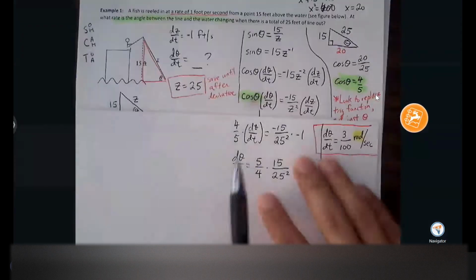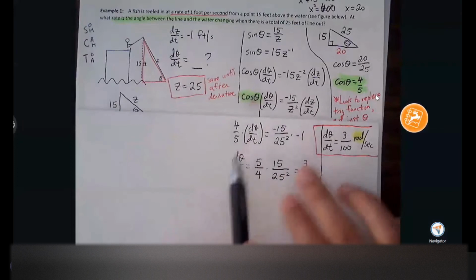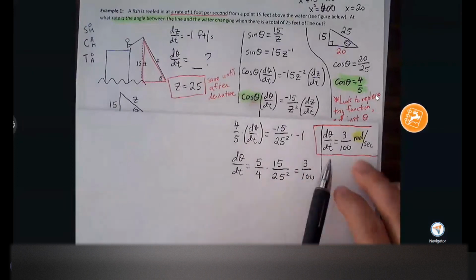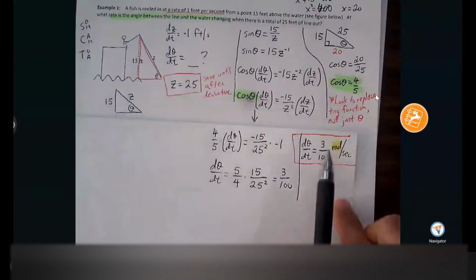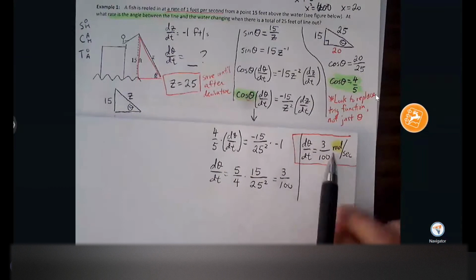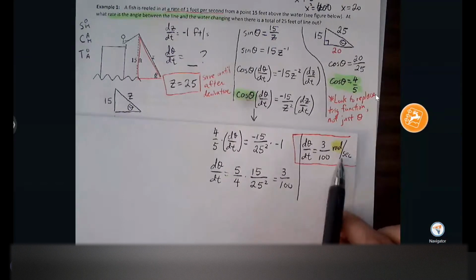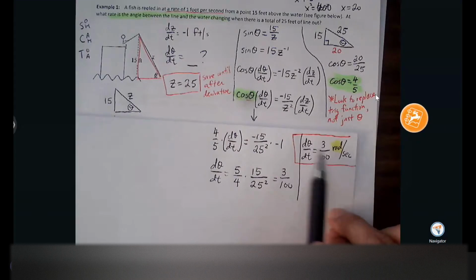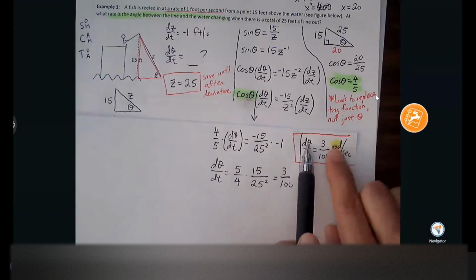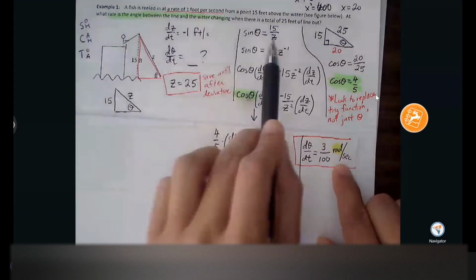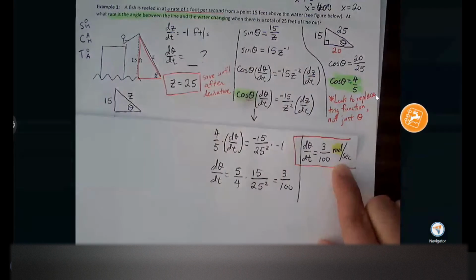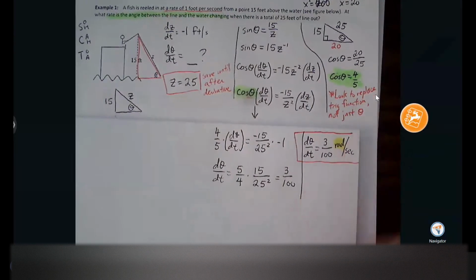And then it's just a matter of solving for our missing variable by combining the rest of the numbers together. And your units of measure is always going to be radians per time unit. So it could be radians per second, radians per minute, radians per hour, radians per day. But theta is always going to be radians, and the time unit is just whatever the problem is referencing.